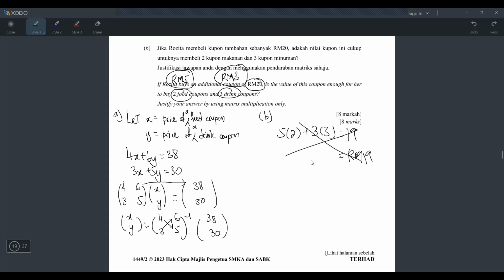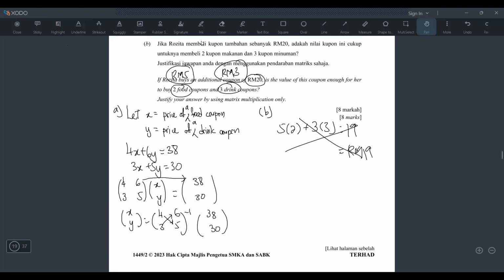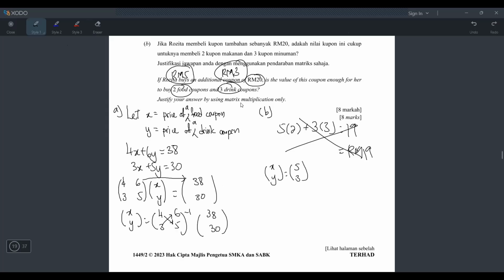Actually, when I first did the question, I wasn't very sure what the question wanted, and I spent a lot of time on it. So this is how I'll do it. Because we already know my XY is 5, 3, my XY matrix is like this: XY equals 5, 3. And then they want you to calculate 2X plus 3Y, because they want 2 food, 3 drink, right?